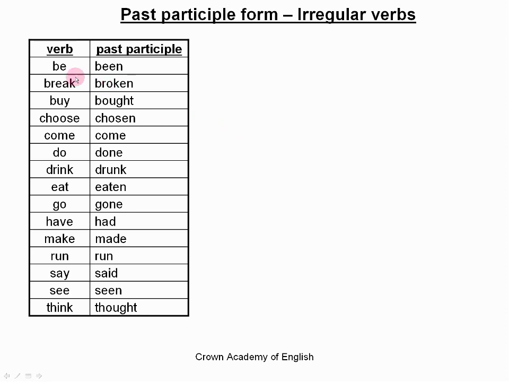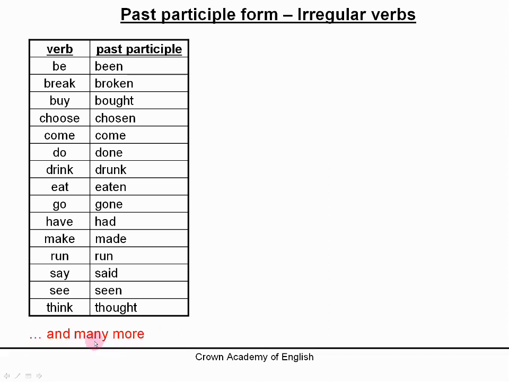So very quickly, be, been, break, broken, buy, bought, choose, chosen, come, come, do, done, drink, drunk, eat, eaten, go, gone, have, had, make, made, run, run, say, said, see, seen, think, thought, and many more.